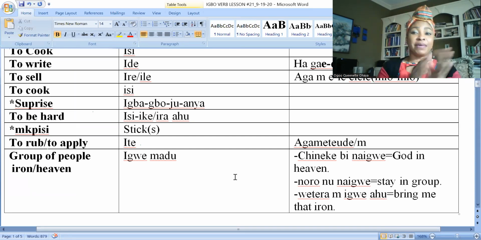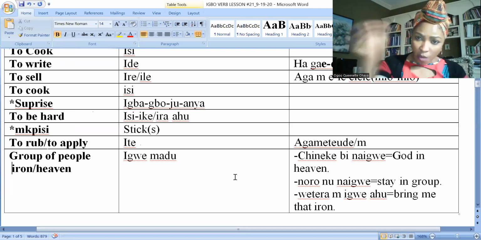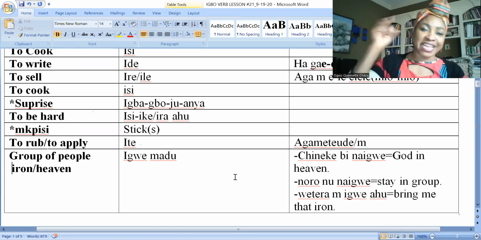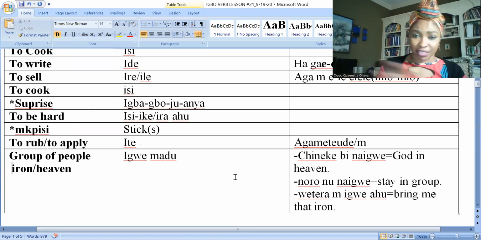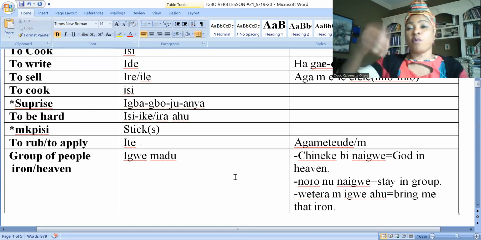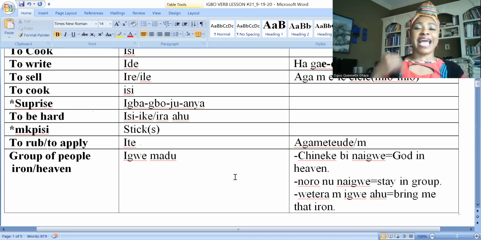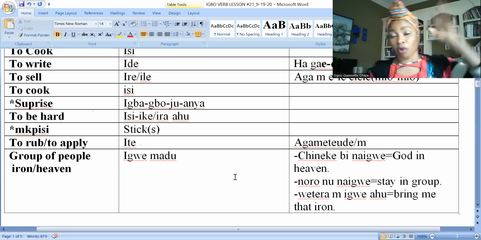I want you to know that, but the sound is different. It's not the same. Group means Igwe. Group of people, Igwe mado. I want you to pay attention because this is not the same at all. When you say group of people, Igwe mado. When you say iron, it means Igwe. Iron means rod, like rod or iron.